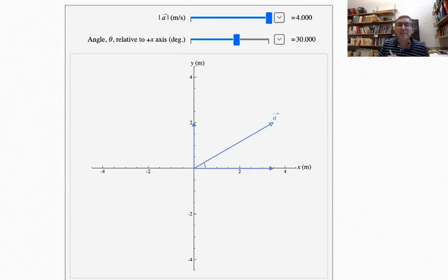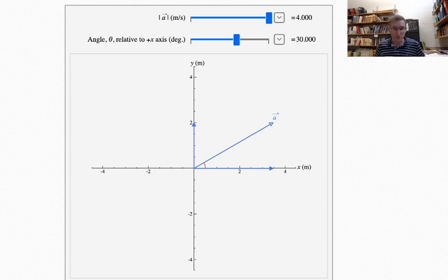I have an animation showing you an XY coordinate system with X in meters and Y in meters, and a vector A arrow, that you can see right here in the middle. And it's got a certain magnitude, in this case 4. The units here are incorrect. I'm sorry, that hasn't been corrected, but of course they would be meters. So this vector has a magnitude of 4 meters. And its direction is denoted by the angle theta. See the red arc down here, measured from plus x? And right now that's set at 30 degrees.